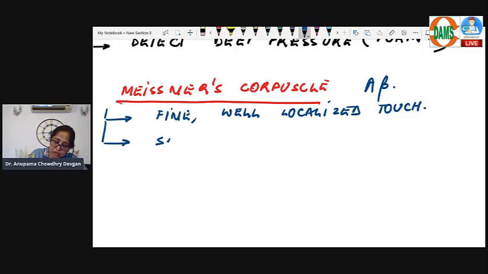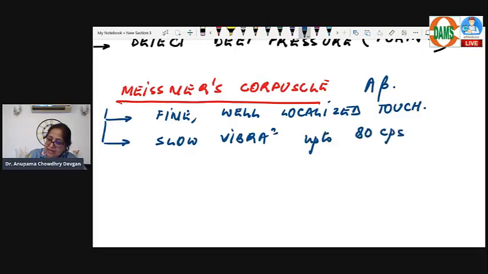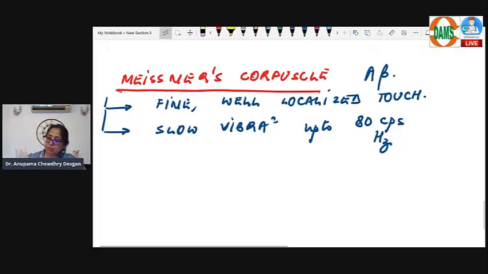They are meant for slow vibration, slow vibration up to 80 cycles per second. Cycles per second can also be written as hertz, means the same thing. Slow vibration up to 80 cycles per second.